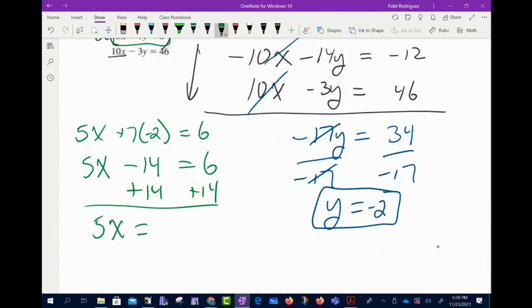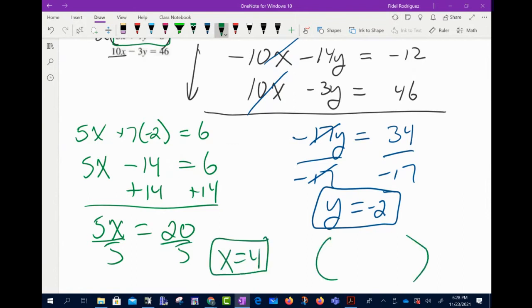So this is giving me 5x is equal to 20. So when I divide both sides by 5, I'm coming up with x is equal to 4. So again, as a point, these two lines meet at the point 4 and negative 2, right?